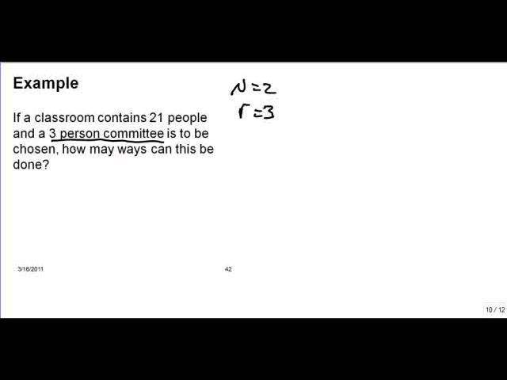So now the question is, does it matter how I get these 3 people? Since an arbitrary committee of 3 people is to be formed, and they're not filling specific slots, we can then conclude that this is going to be a combination. Sorry, that should have been 21. We could use the 21 choose 3 formula.